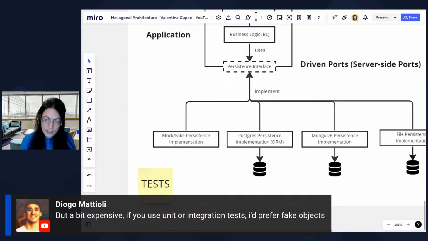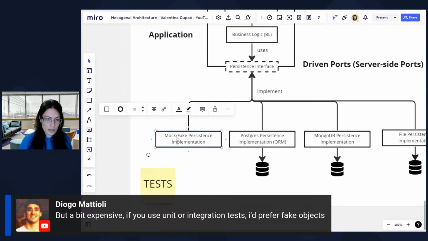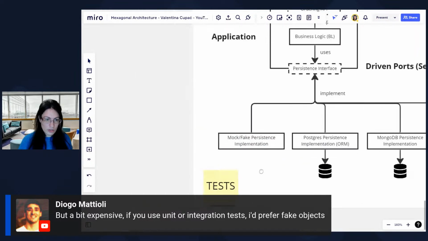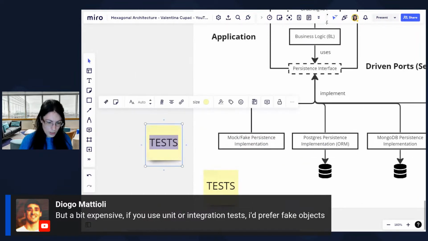Okay, but a bit expensive. If you use unit or integration tests, I'd prefer fake objects. So the discussion regarding which kind of test doubles to use, the more generic word here is test doubles. So I just want to add that as a note as well.